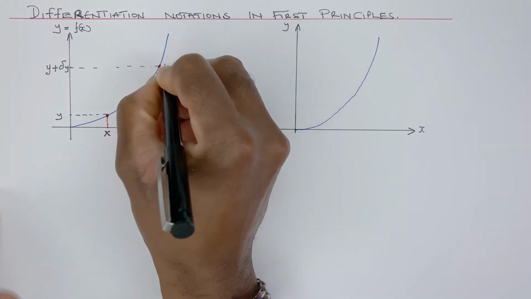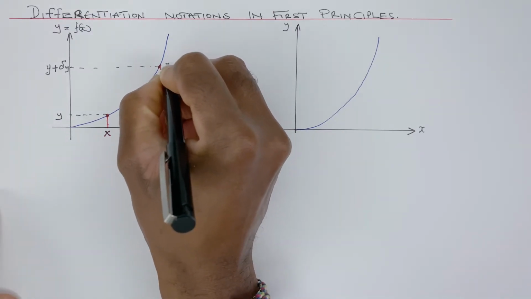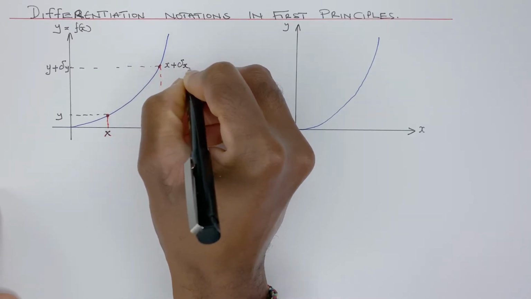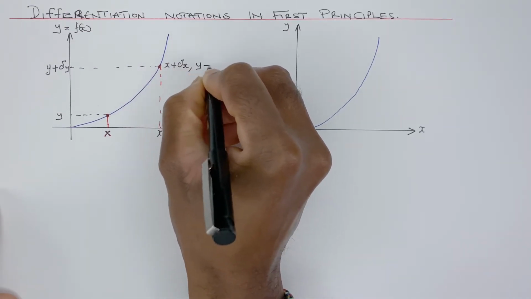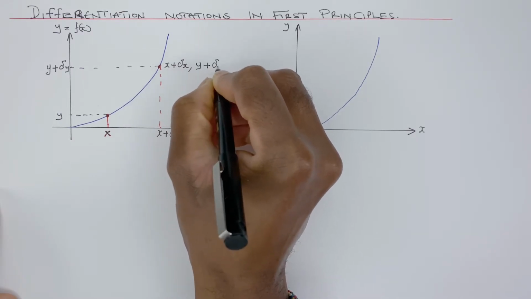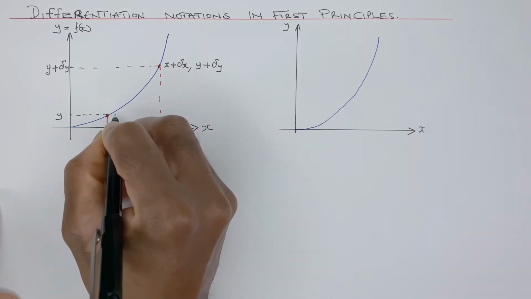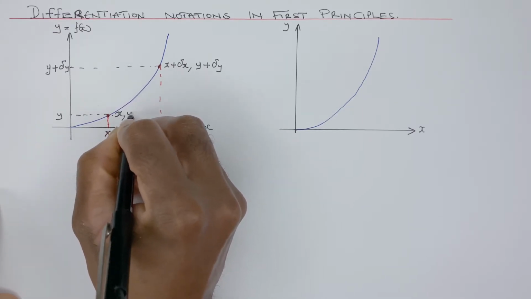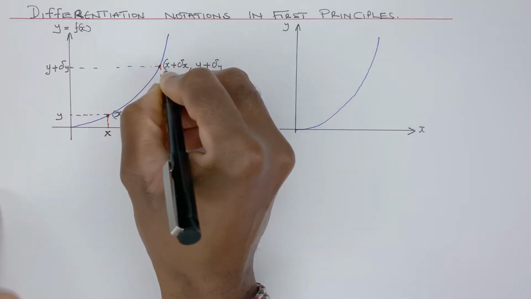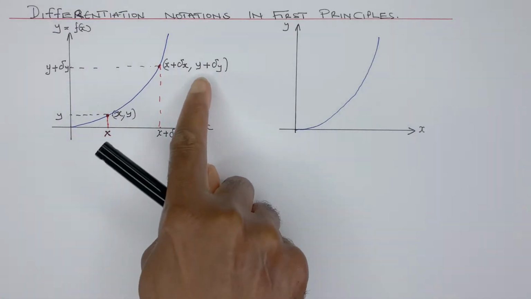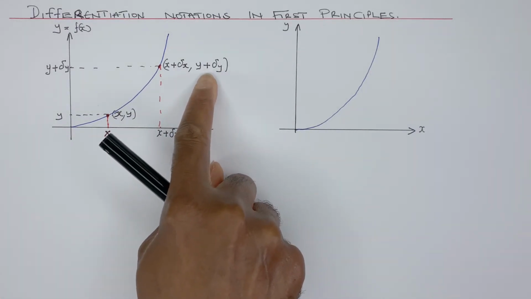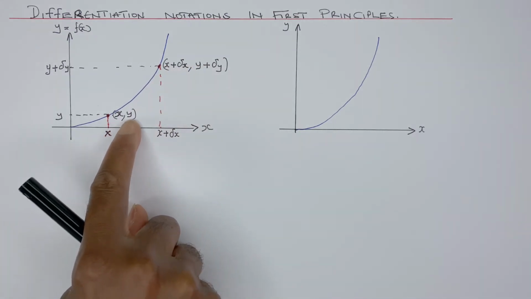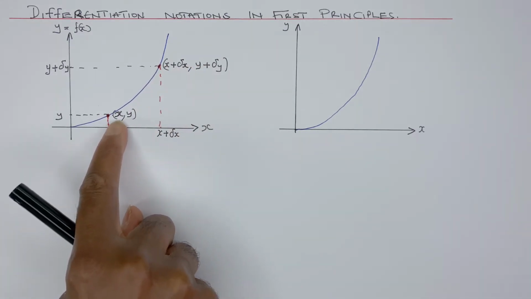The coordinates here will be x plus delta x and y plus delta y. And the coordinate here will be x and y. So that is the final y value and that's the final x value. This is the initial y value, that's the initial x value.